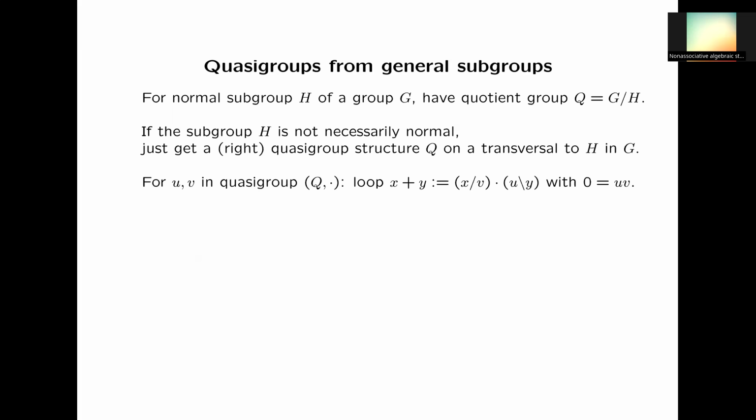In the construction, we want to avoid choosing what an identity element is, but we still like to talk about loops. So if you have two elements, U and V, in a quasigroup (Q, ·), we can define a loop, X plus Y, as X divided by V times U dividing into Y, and the identity element 0, the neutral element there, will be U times V. So you can do this for any pair of elements inside a quasigroup.